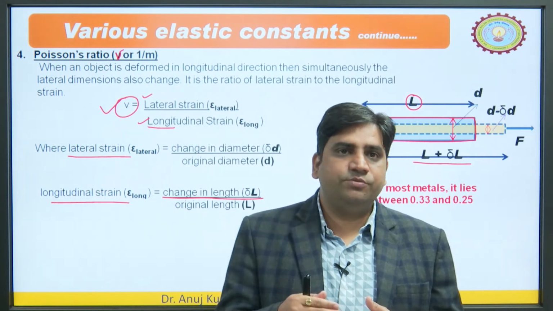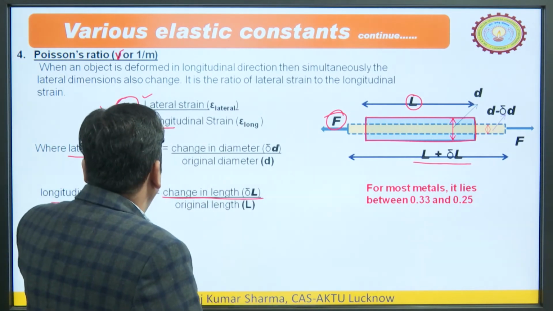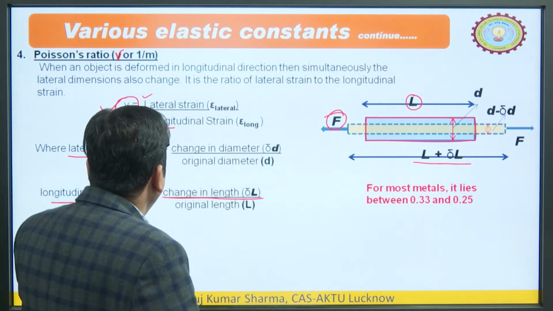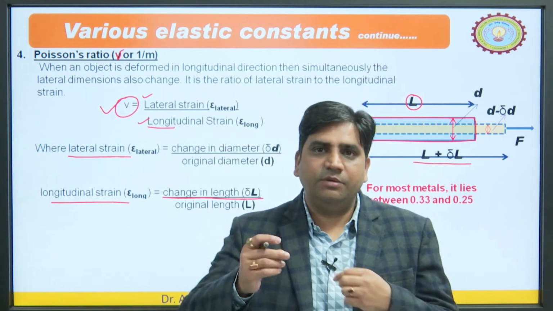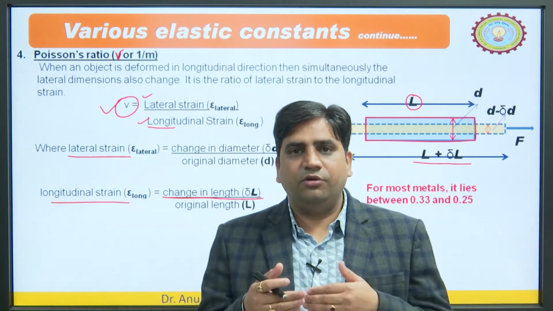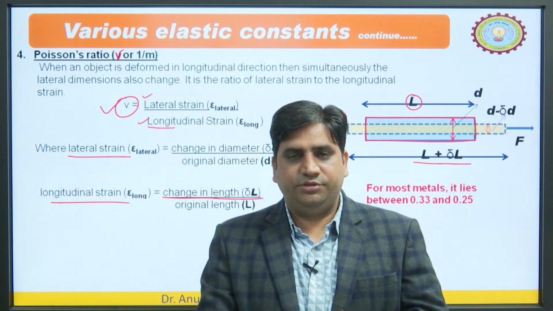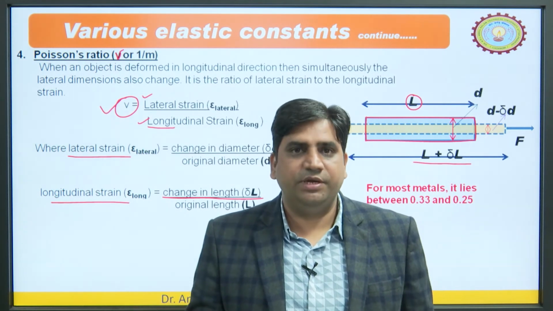Higher the Poisson's ratio means higher the value of lateral strain, lower the Poisson's ratio means lower the lateral strain, right. So, there must be a ratio between the lateral and longitudinal changes in the dimensions of the object. Poisson's ratio explains this.